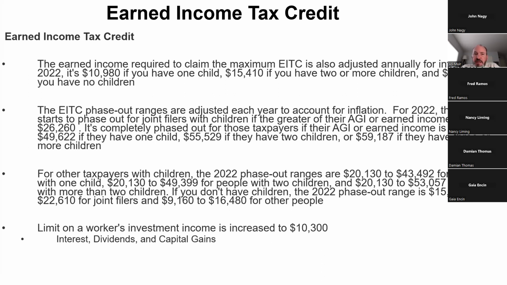Things change, and so when you talk about changes, again, the EITC amount, earned income amount, it changes because your software is going to look at a couple things, and one thing it looks at is earned income. And when you're talking about earned income, think about your wages as a W-2 wage earner. Think about your net income as a self-employed individual.